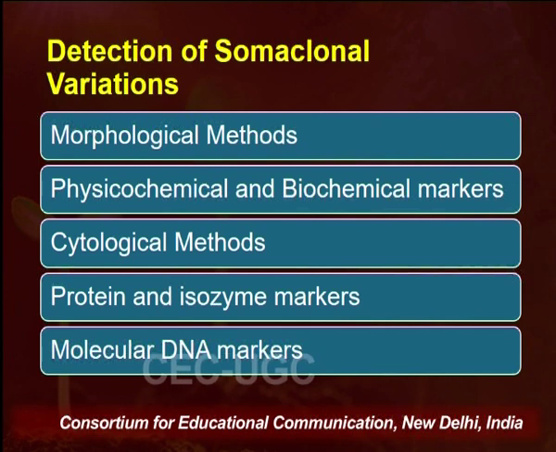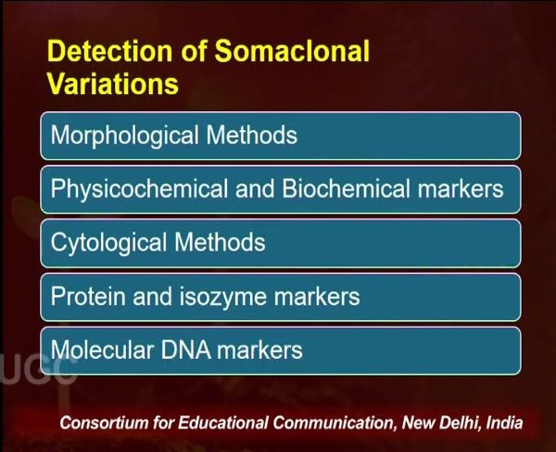When we say marker, it means those compounds or enzymes or protein levels which give an indication whether the desired variation has occurred in the plant or not. So by evaluating these physicochemical and biochemical markers, we can determine the presence or absence of these somaclonal variations.